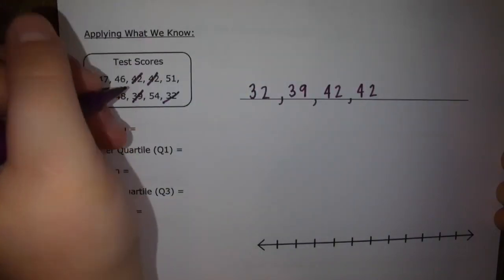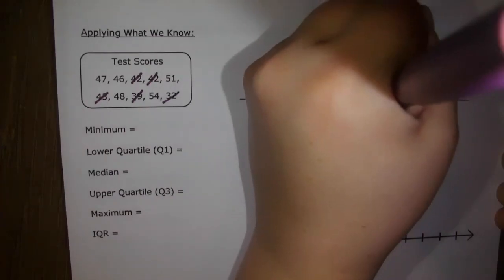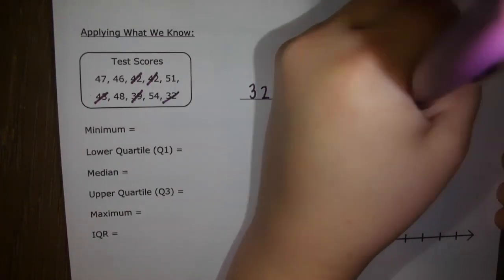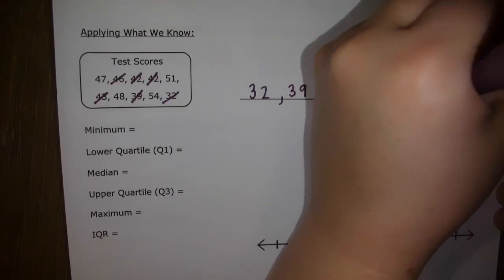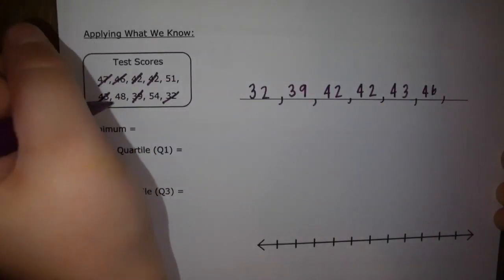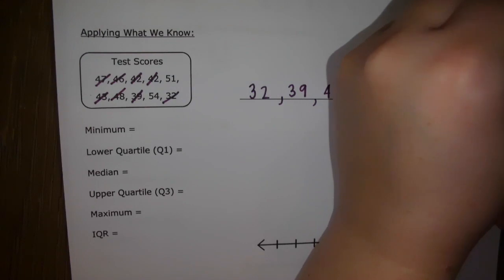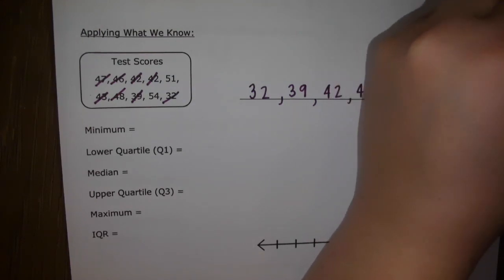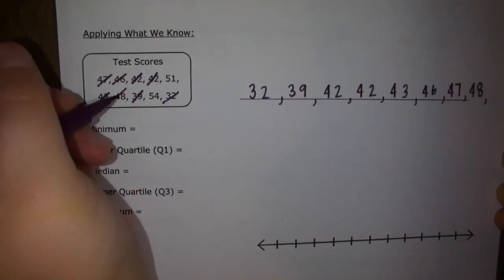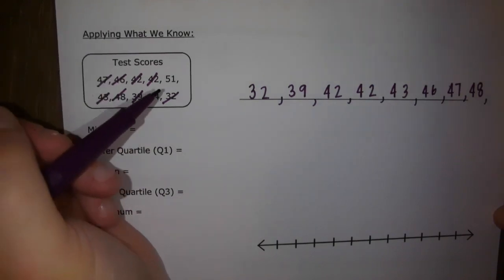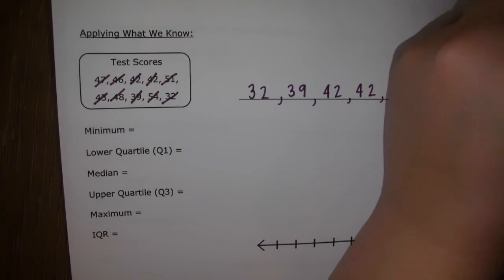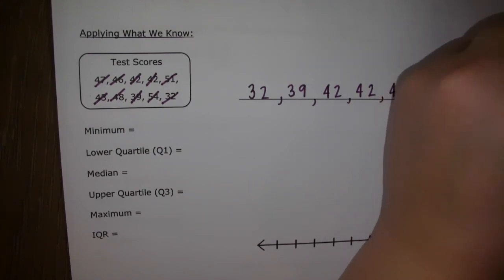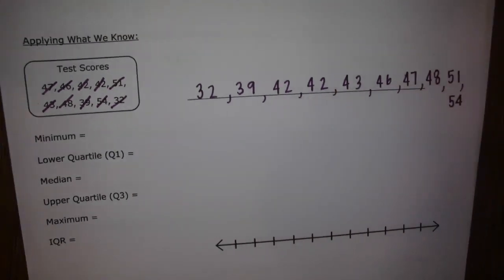Then we see 43, 46, 47 and 48. Oh, and I, of course, did not space out well. So 51 and 54 at the end. Oops. It's okay. All will be forgiven.